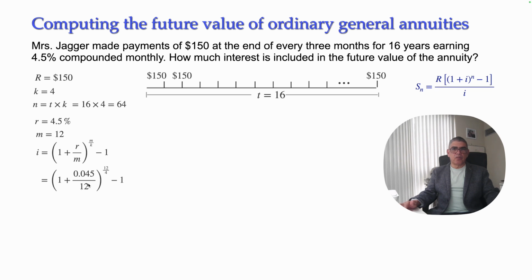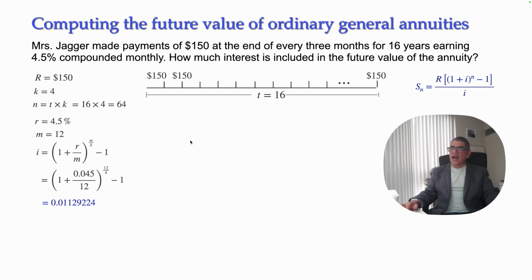So put the number of conversion periods per year in the denominator in the rate, and in the numerator of the exponent. Now just use a calculator to compute this number. I did it, and I found that this is 0.011292224. This is the number that I'm going to put in the formula for i.